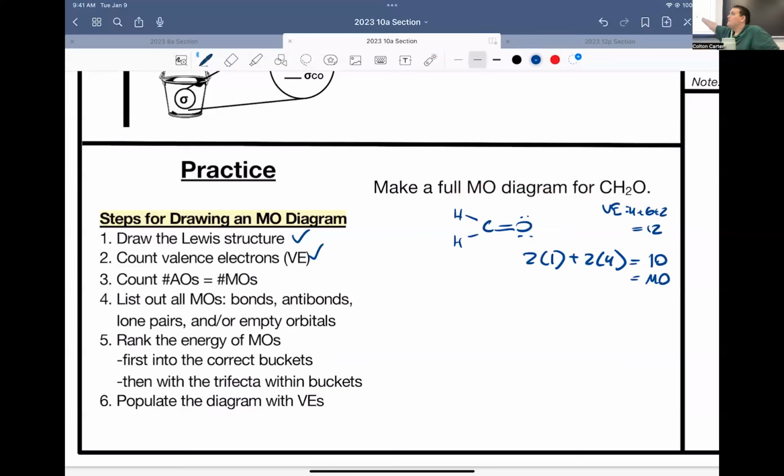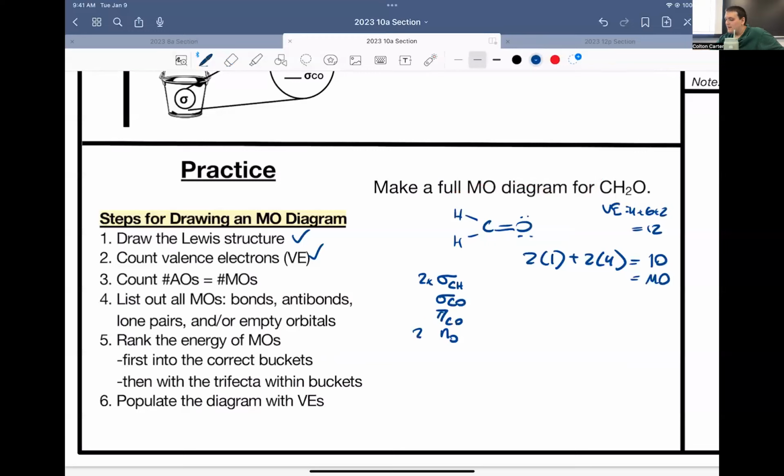So name a bond, any bond. I heard sigma CH, and we have 2 of those. Sigma CO. Pi CO. 2 lone pairs on O, good. And then we're at 2, 3, 4, 5.